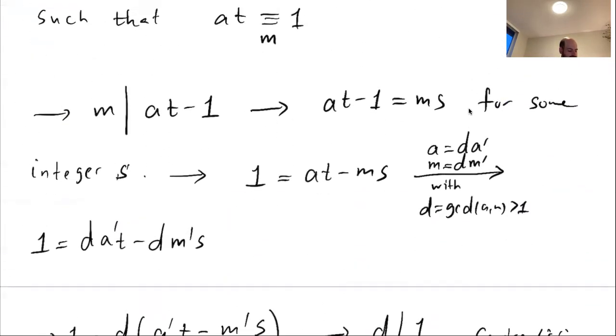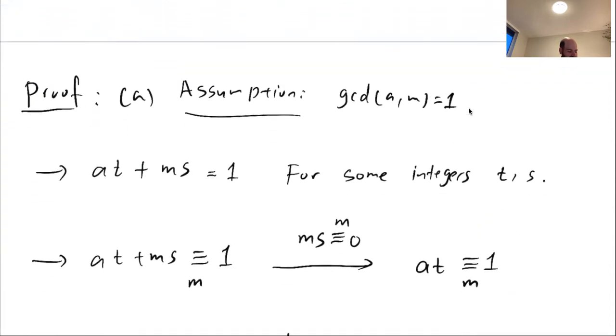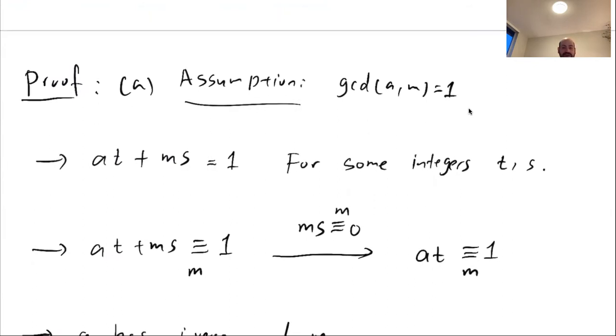We wanted to show that if the GCD is 1, then A has an inverse. So our starting point was this equation, AT plus MS equals 1. And then we looked at it as a congruence mod M, and then we got AT congruent to 1 mod M. So the key point is this equation, AT plus MS equals 1.